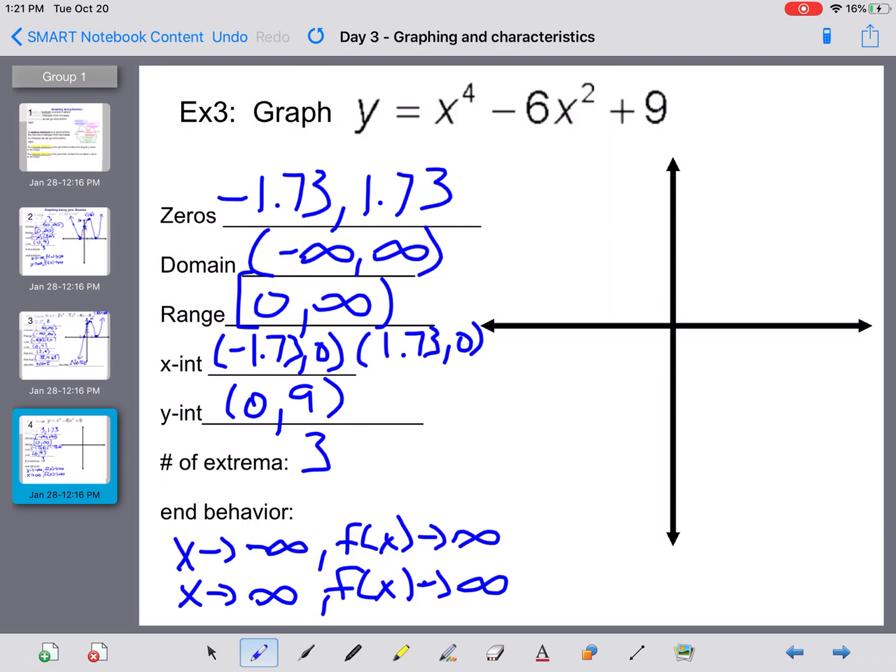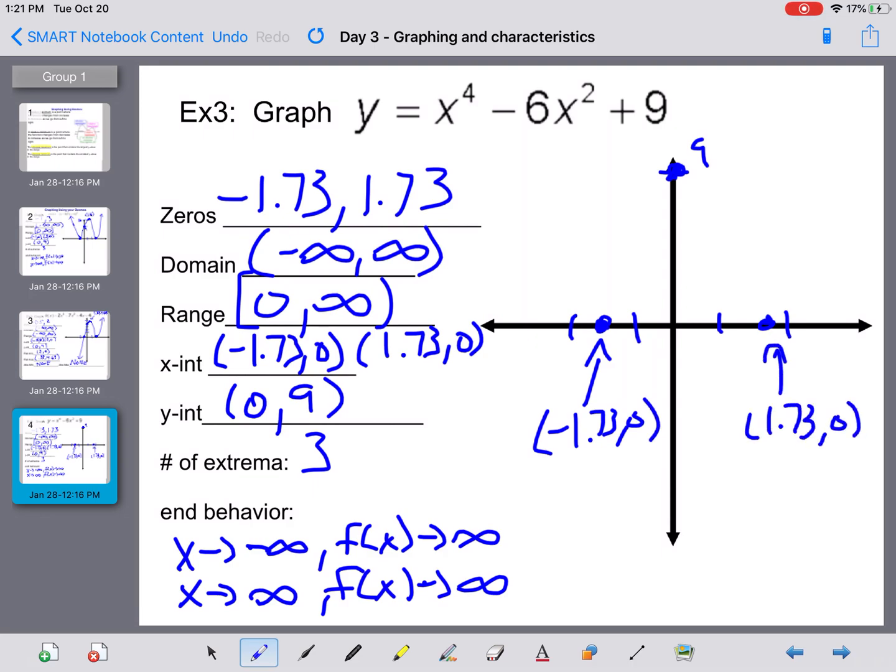So again, we just want to transfer this information over. So we have (1, -2), and we have a point roughly there, and then at 9, we had another point right there. I would just make sure that you understand that that's (-1.73, 0) and that is (1.73, 0) as we're trying to transfer this over. And we're going to come back down, bounce, and come back up.